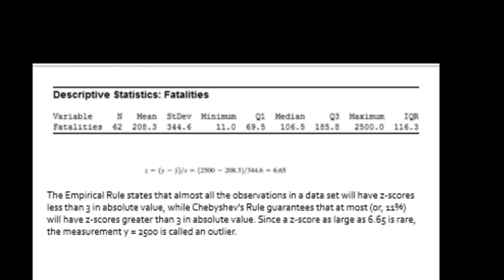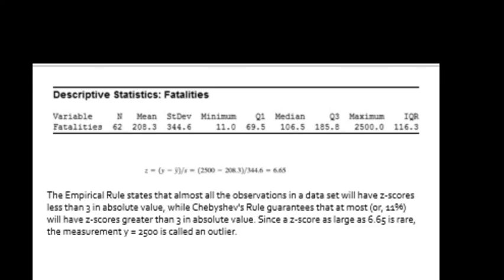Now, if you recall, the empirical rule says that almost all the observations would be within 3 standard deviations of the mean. And even if we use Chebyshev's rule, it guarantees that at most 11% of the observations will be outside that 3 standard deviation range.